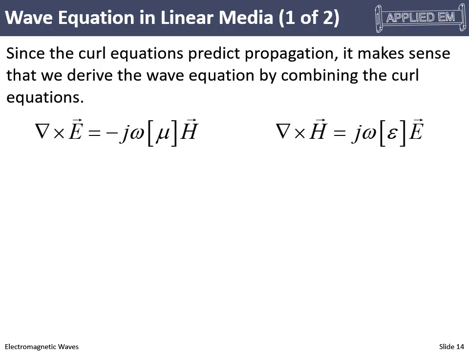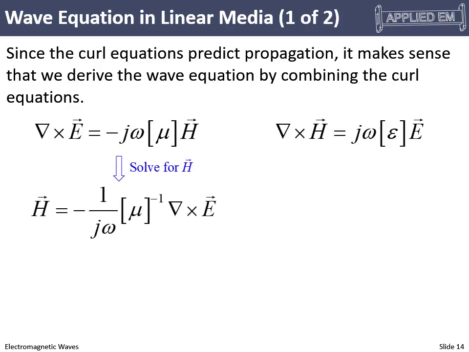So here we are with our curl equations, and it makes sense that if these two curl equations are what predict waves, combining them is what we have to do to derive the wave equation. So one way we can derive the wave equation is to solve the first curl equation for the magnetic field.